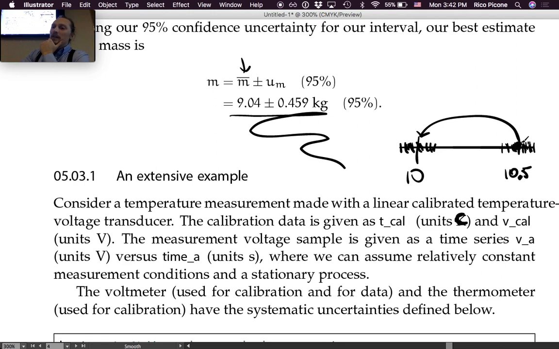So measuring this 10.5 introduced some uncertainty into your final measurement, because you calibrated based on that measurement, right? So you move that down. You had some uncertainty based on the spread. There was also some uncertainty in that 10 kilogram, the NIST 10 kilogram came with its own 200 times 10 to the minus 9 uncertainty, right?